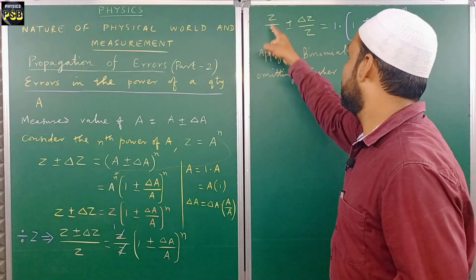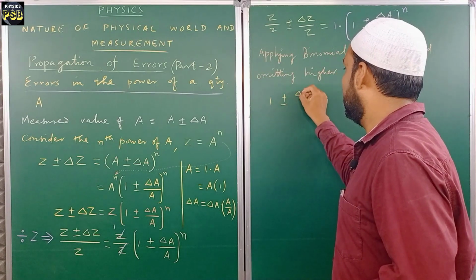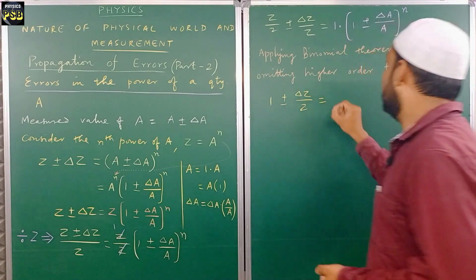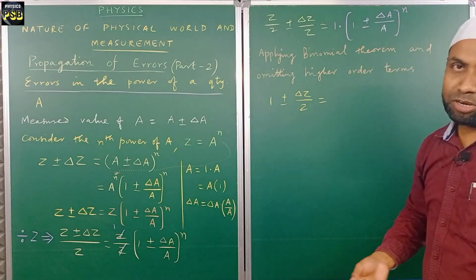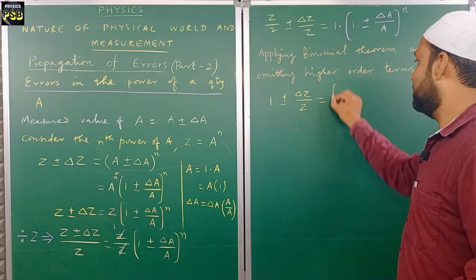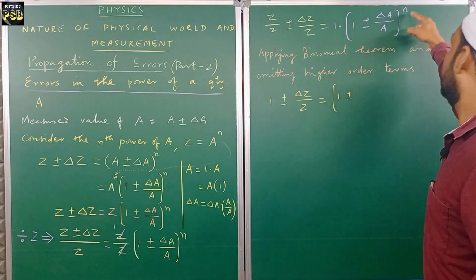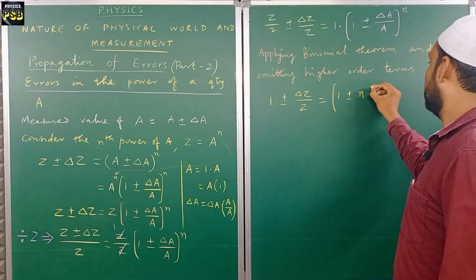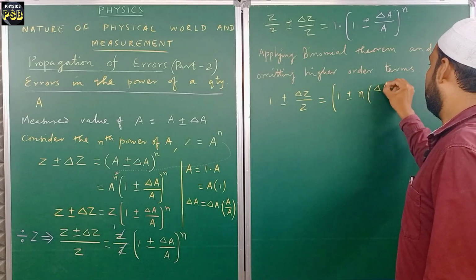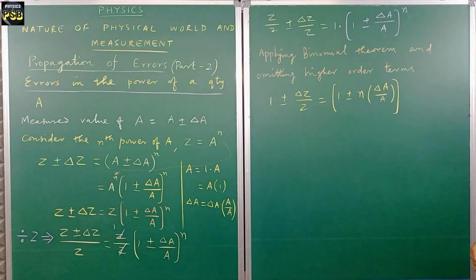Here Z divided by Z is nothing but 1, plus or minus delta Z upon Z, equals, if I multiply this part with 1, the value is not going to change, so I simply leave it: 1 plus or minus n multiplied with this. So what I get is n multiplied by delta A upon A, the whole term taken within brackets.